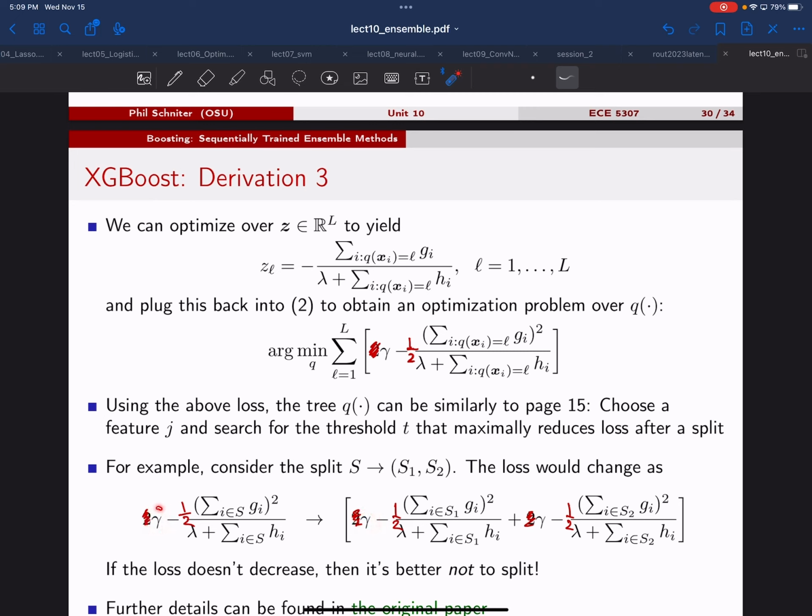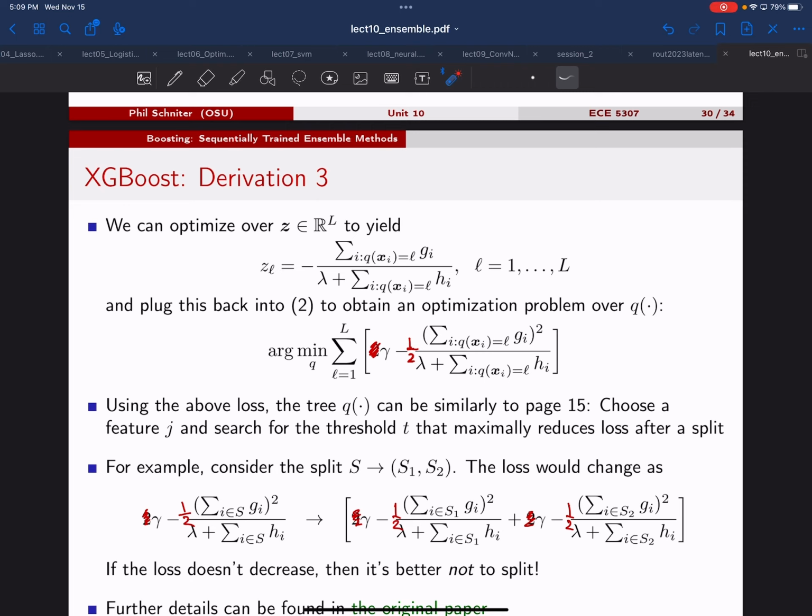So here before the split, gamma counts once. Now after the split, gamma counts twice. And so essentially, this is where you decide whether you want to actually do the split or not do the split. Because if the loss has increased, then it says don't do the split. I actually made things worse.